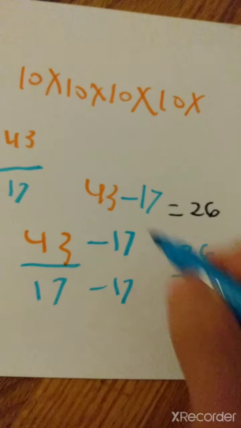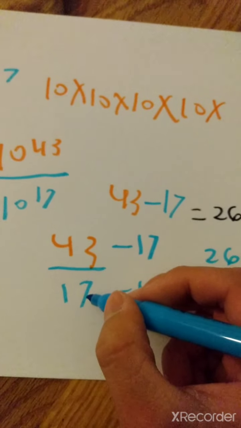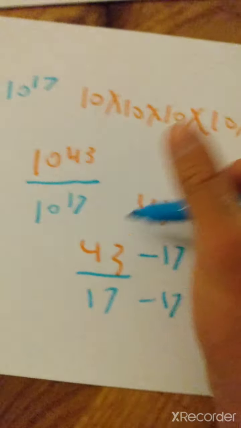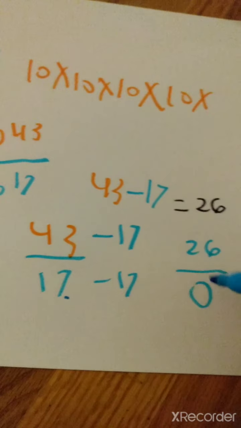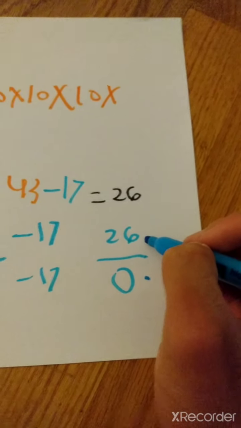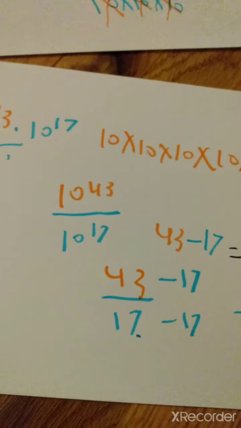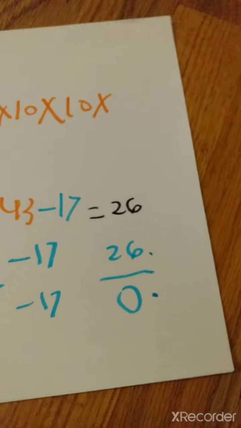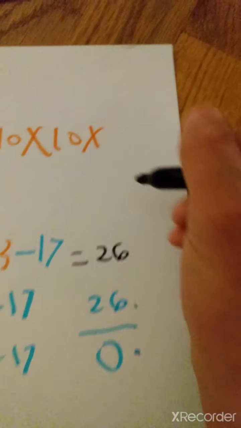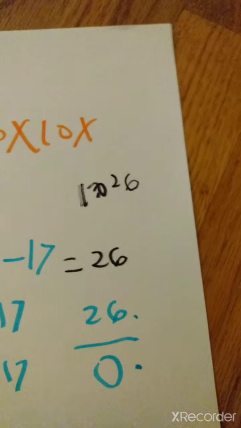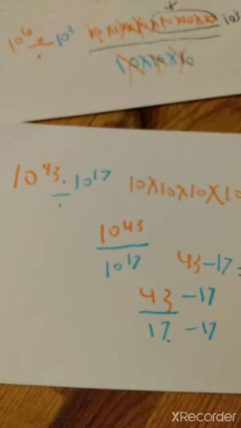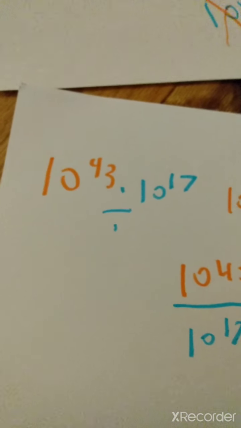So it's 26, because even though some 10s get buddies from the bottom, since the bottom reaches 0, there are 26 10s that have not gotten a buddy in order to be canceled out. So if 26 is our leftover number of 10s, our answer would be 10 to the power of 26. So there is a shortcut to dividing gigantic exponents.